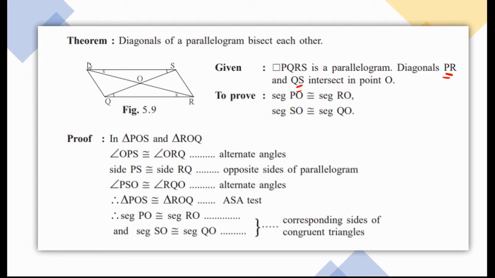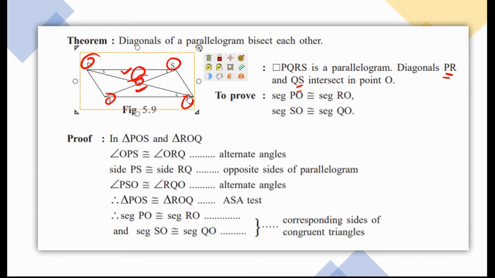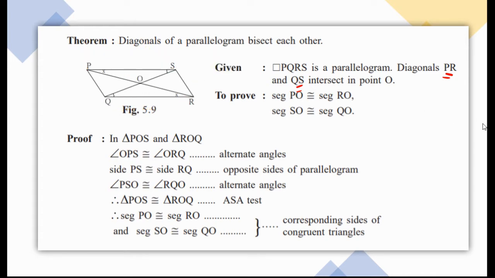Consider the triangle POS, one triangle, and another triangle ROQ. तो ये ट्रायंगल और ये ट्रायंगल कंसिडर करने को बोला है. And we can see that if I consider QS as transversal, this angle is congruent to this, and if I consider PR as transversal, this angle is equal to this angle by alternate angle theorem.